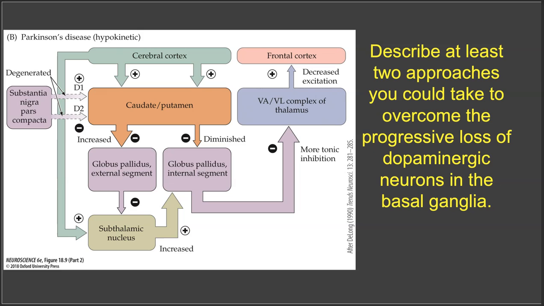This means that this is very much not a permanent solution. And although providing L-DOPA to a patient can reduce symptoms in the short term, it can actually increase the speed at which Parkinson's develops.